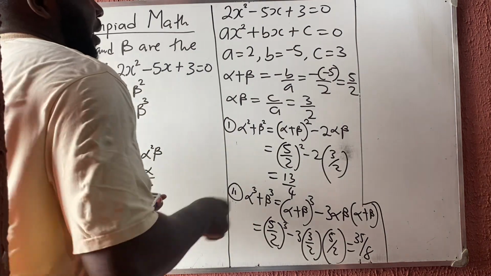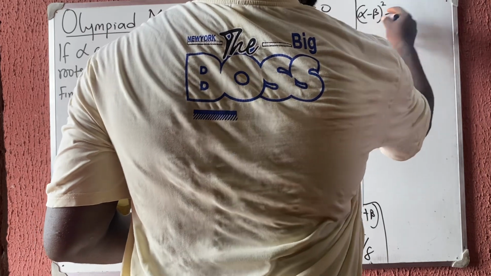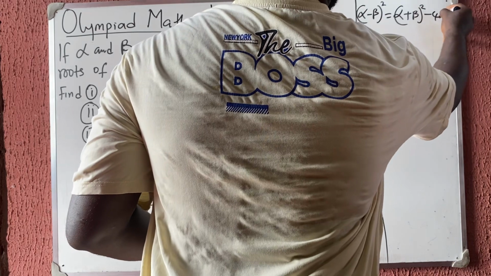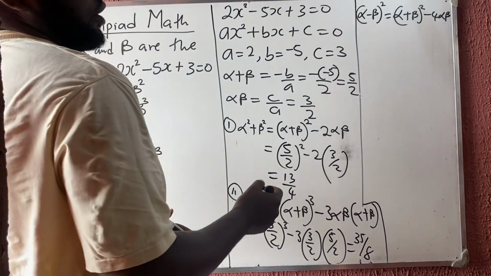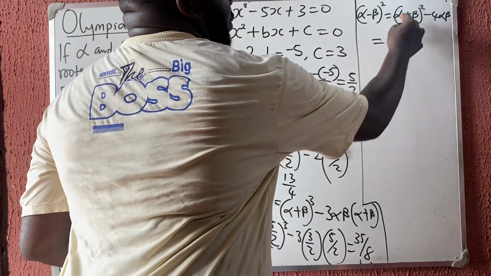In this one now, you should know that alpha minus beta all squared is written as alpha plus beta all squared minus 4 alpha beta. Okay, you should know that. Therefore, to get this one alone, we take the square root of this. So first of all, let me get this.